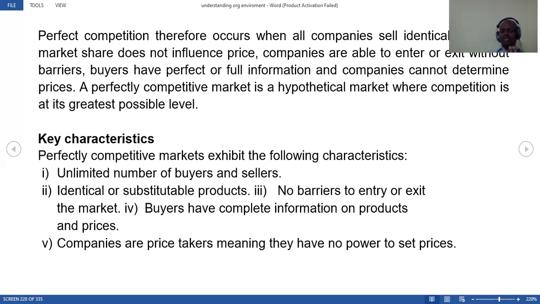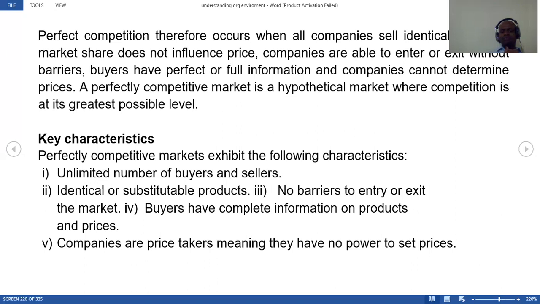So in this market, suppliers are very careful so that they do not treat customers in a bad way, because customers have an option to go to the other suppliers. Then in this kind of market, we have no barriers to entry or exit in the market. Any person who is willing to sell or buy in this market can always do so. So this is a typical example of no barriers.